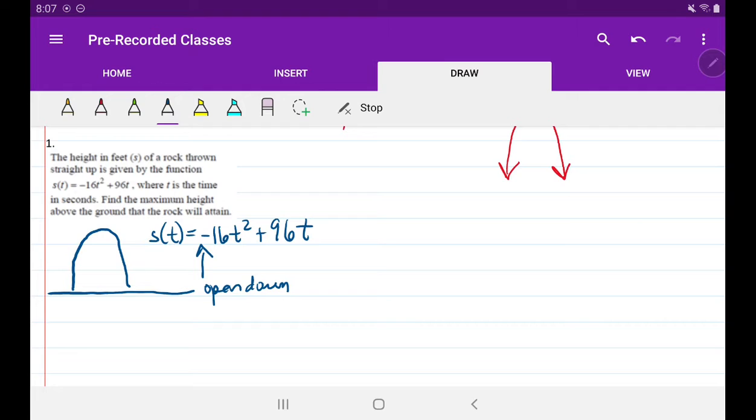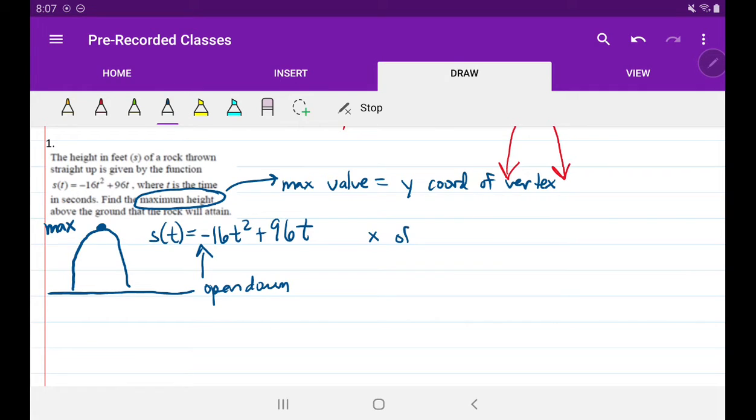Okay, so what they want us to find is the maximum height. We know the vertex on this is going to be a max because it opens down. If they're asking us to find the maximum height, that's kind of like asking us to find the max value. So what they're really asking us to find is the y-coordinate of the vertex, right? The first thing we want to do is find the x of the vertex, and we'll use negative b over 2a.